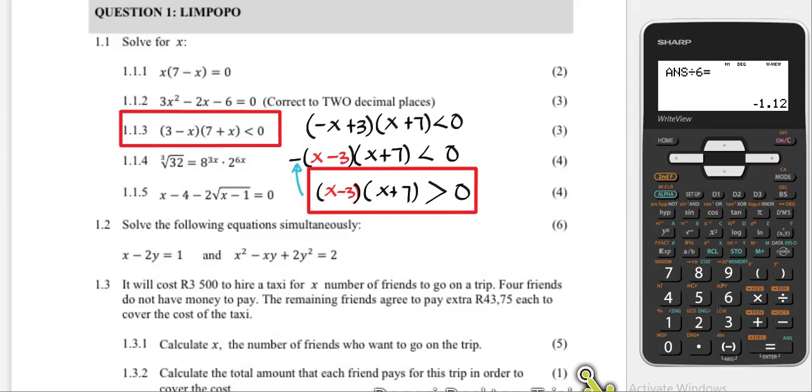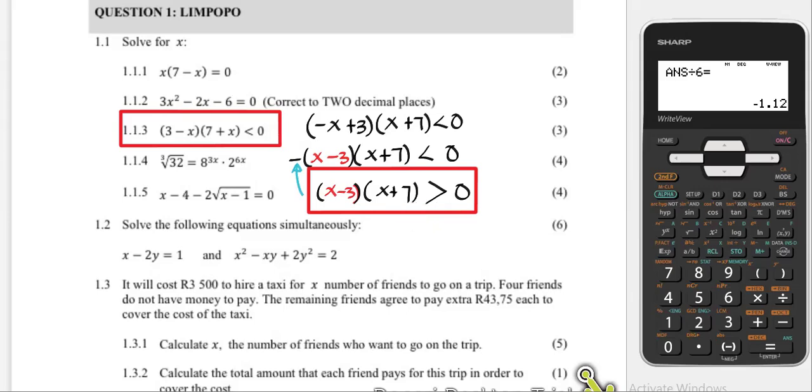All right. Then the next thing I said, we solve for x minus 3, we solve for x plus 7. You want to write x equals. But before we can do that, I'm going to remind you. We said when you see greater than here, do you see it's a greater than sign? I said your answer will be like this.